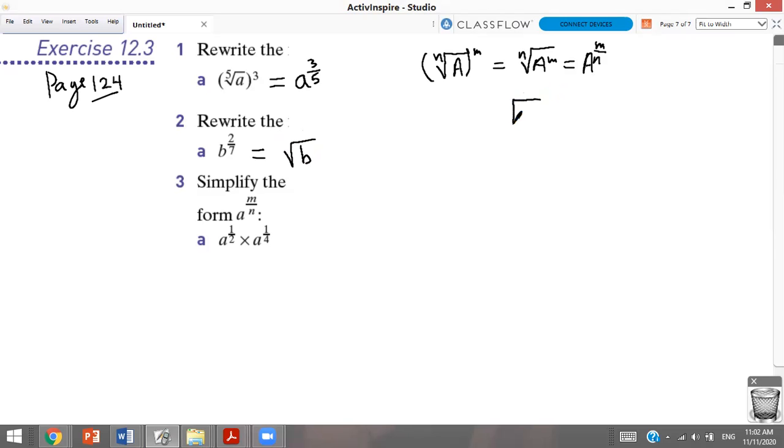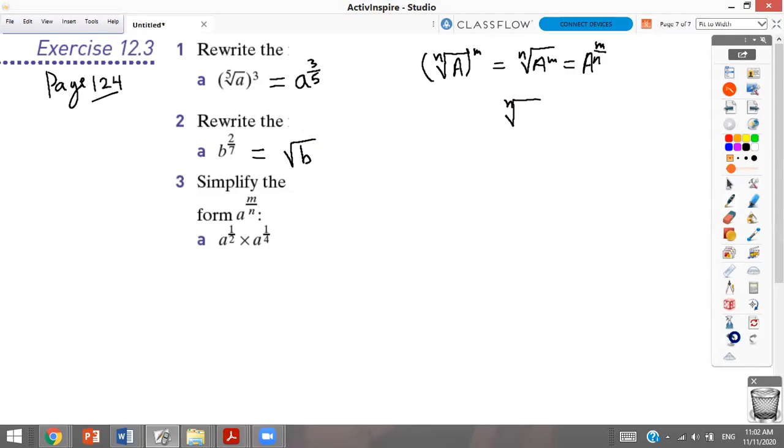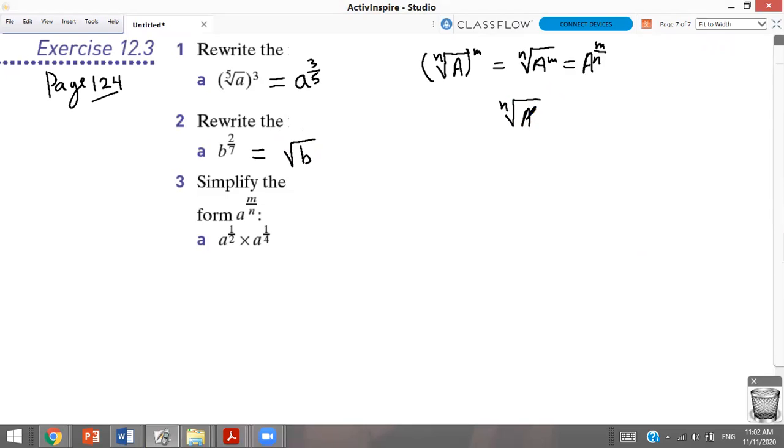We said that if you have nth root of a power m, it equals a power m over what? Over n.